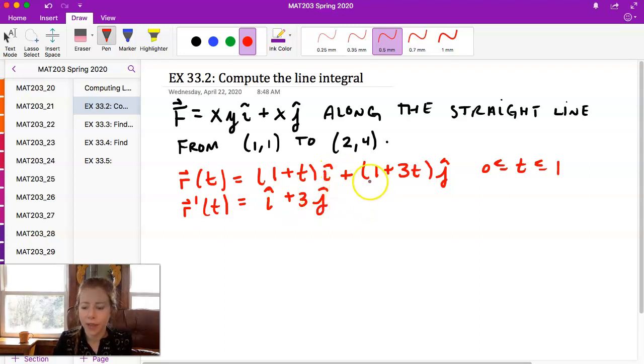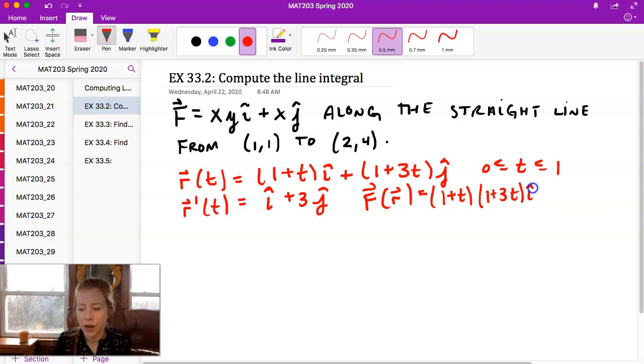And then f as a function of r is going to be, well, this gets a little bit messy. So for x, we have to plug in 1 plus t. For y, we have to plug in 1 plus 3t, and that's our i hat.